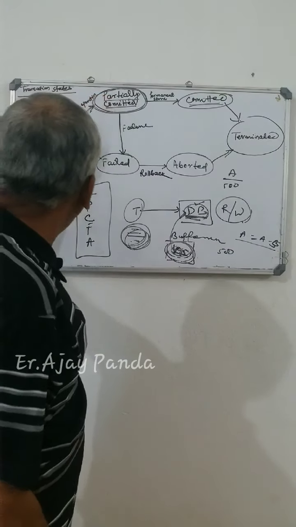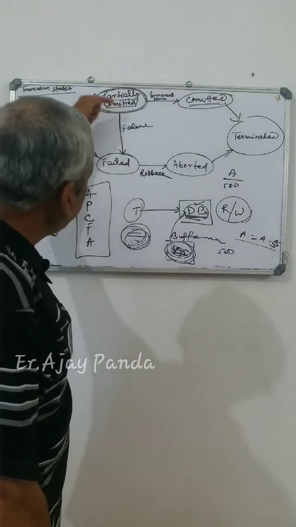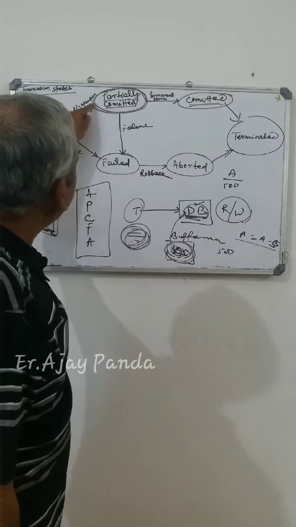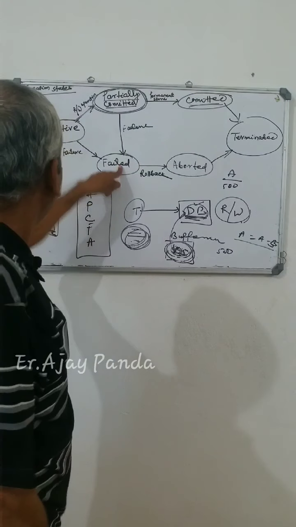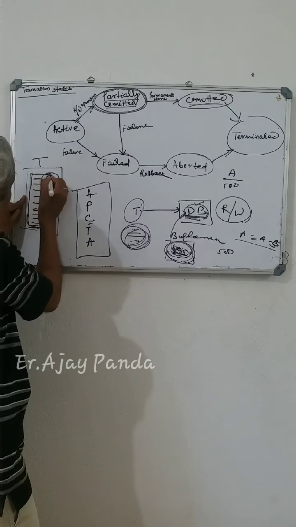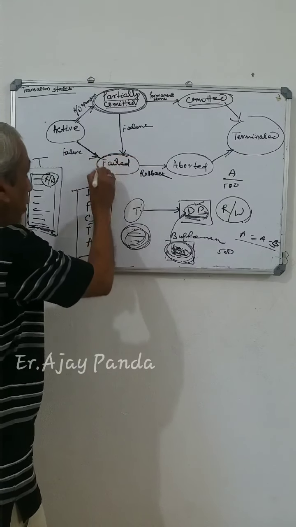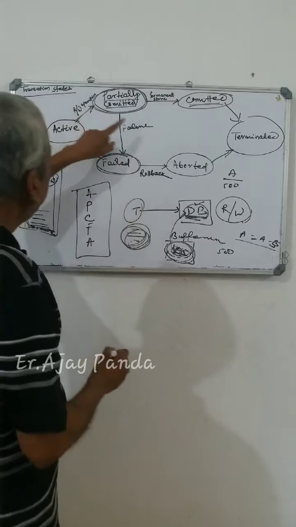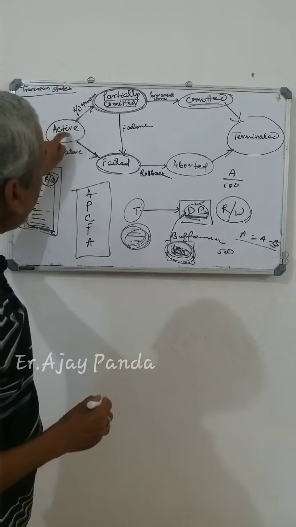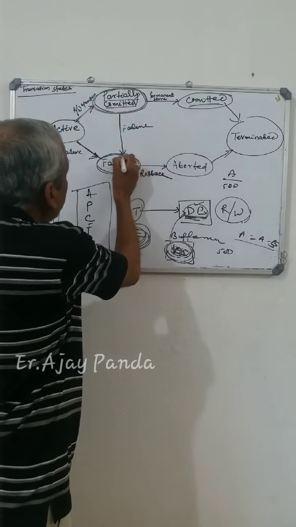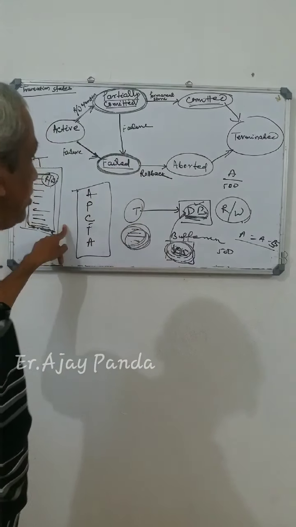Then during this execution, there may be a failure. There may be a failure after some read-write operation. That is failed. And before starting, there may also be a failure. So failed is one state. If something fails in the partially committed state or in the active state, we must transfer to another state, that is the failed state.